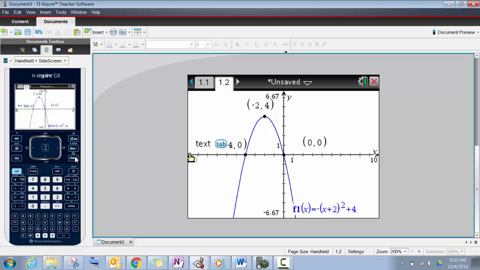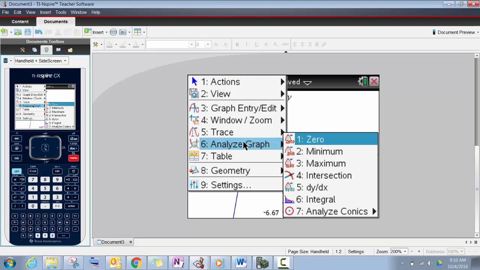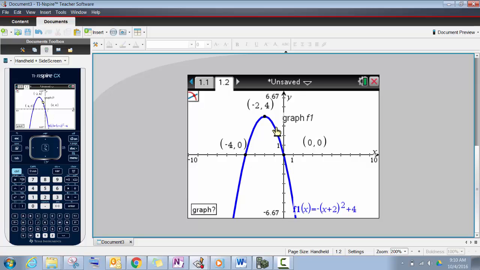If we want our y-intercept, really the best way to do that is to do intersection. Click on the parabola, and it's where it intersects the y-axis. It doesn't look like we can do that.